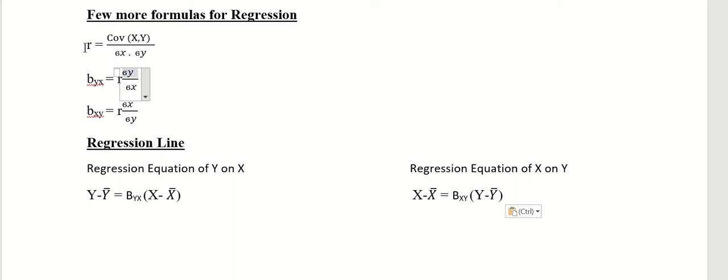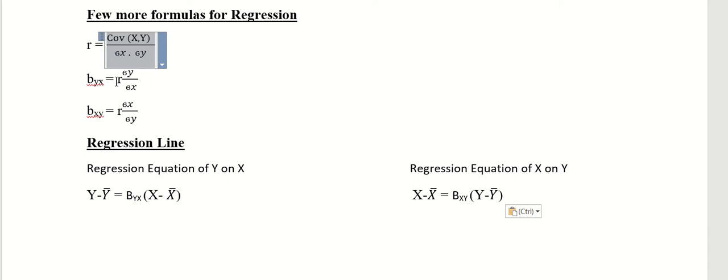Again, in regression there is beta, we call it b, beta y on x or x on y, as we discussed in our previous class also. So what is the formula? R is the correlation which we have calculated with this formula.